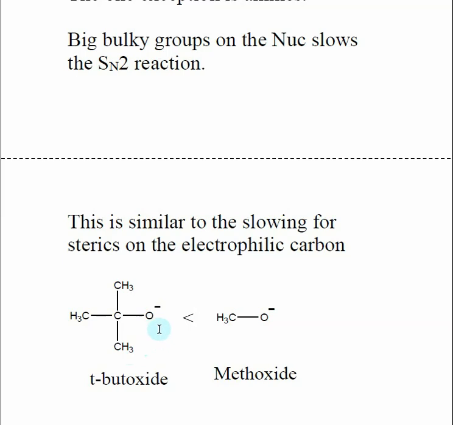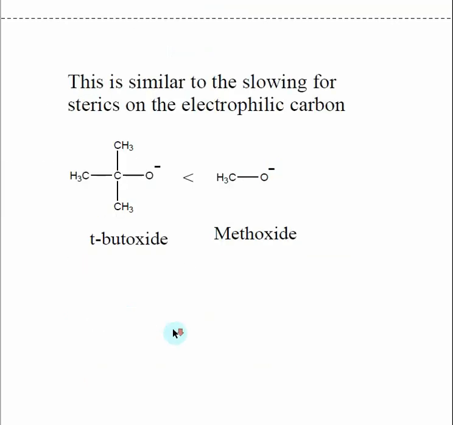We'll talk about that later, but just remember that when I talk about a big bulky base, we're talking about t-butoxide, and the difference between t-butoxide and other alkoxides is that t-butoxide is sterically hindered. By that I mean it has a big group around it, so it's kind of hard to get things in next to the oxygen part. We will see that in action a little bit later.